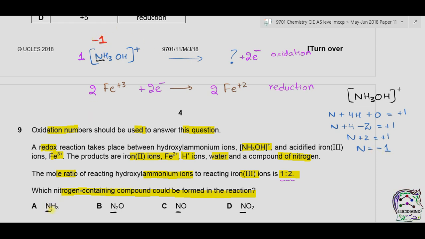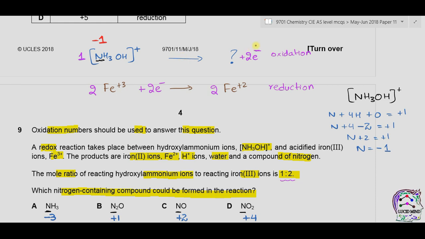Now finding the oxidation state of nitrogen in NH3: as nitrogen is more electronegative, the oxidation state is minus 3. In N2O we have 2 nitrogen atoms and 1 oxygen atom, so the oxidation state of each nitrogen is plus 1, as nitrogen is less electronegative than oxygen. For NO the oxidation state of nitrogen is plus 2. In NO2 the oxidation state of nitrogen is plus 4.